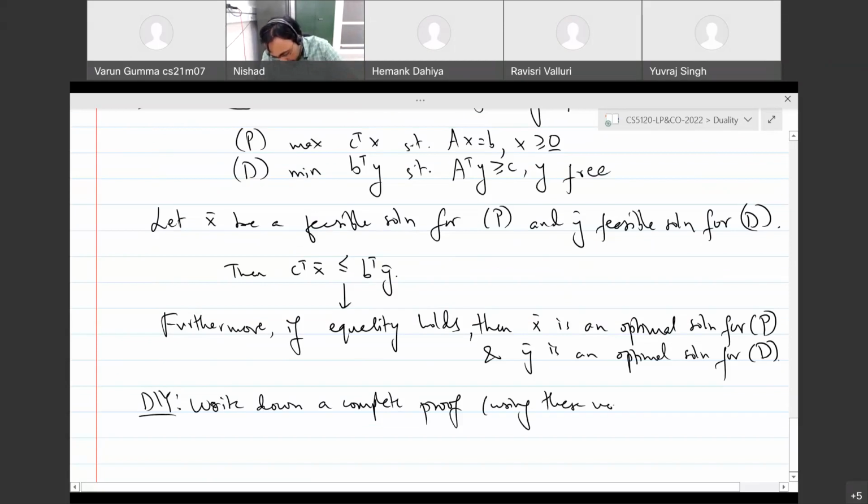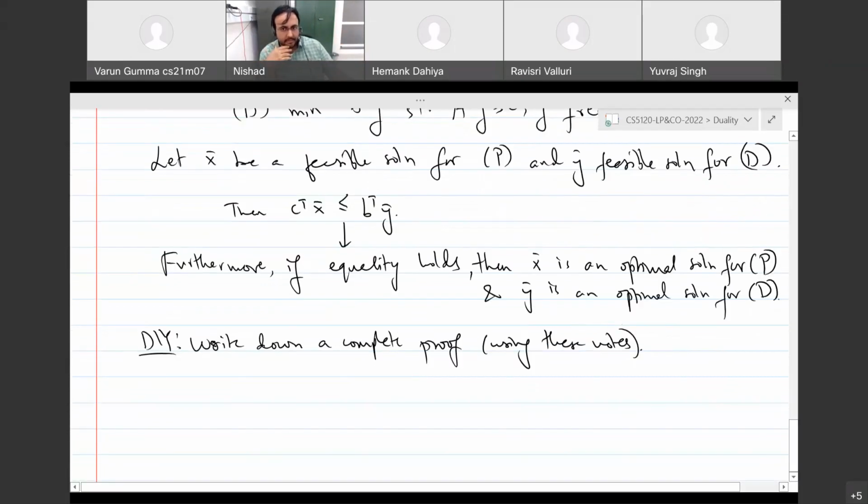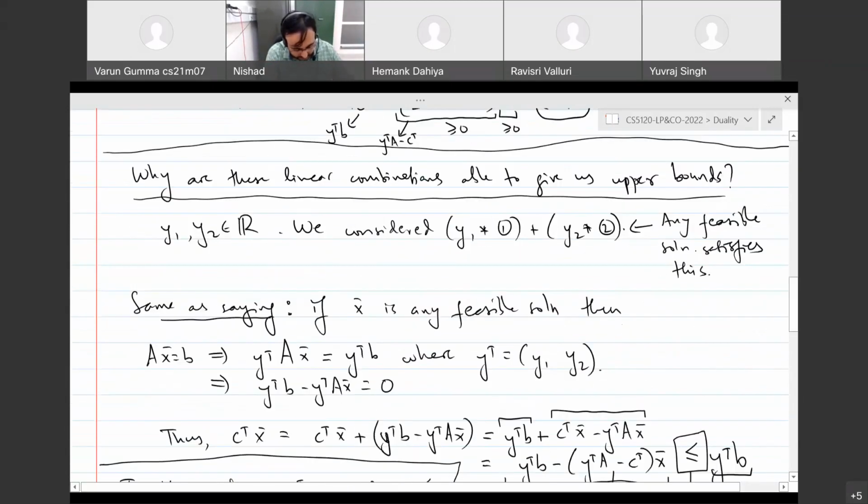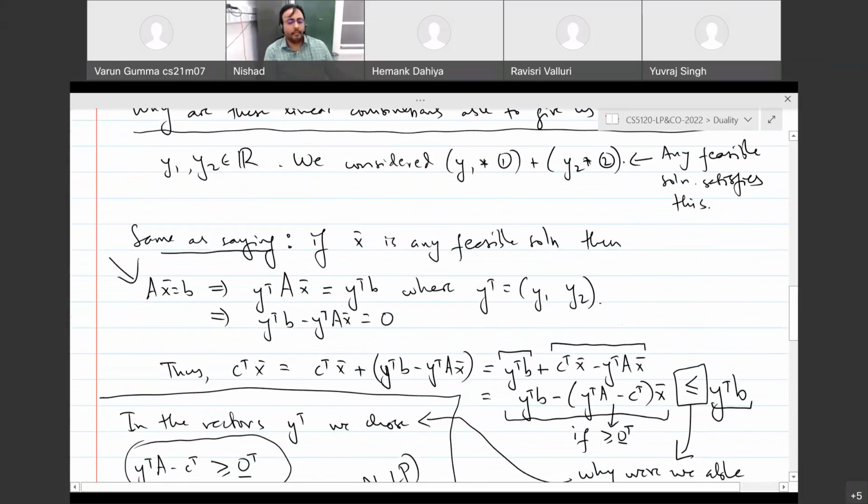The proof is in here. I did not want to just give you a theorem and write down a proof. I wanted to go through the whole discussion. So I think you should be able to figure out the proof yourself by going through these notes. Essentially it's the stuff that we did here.